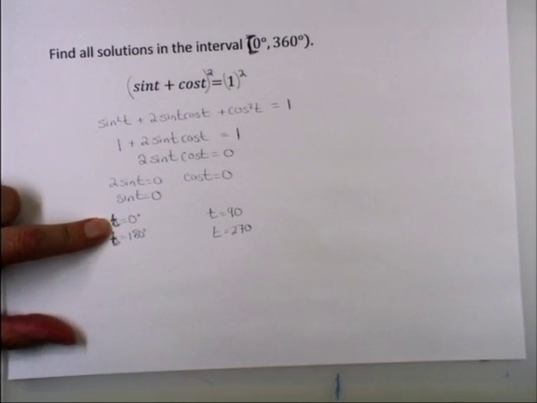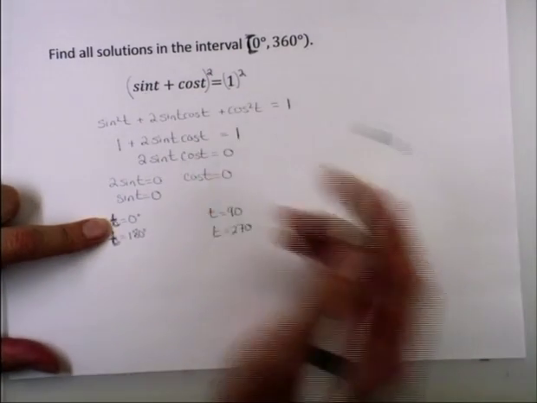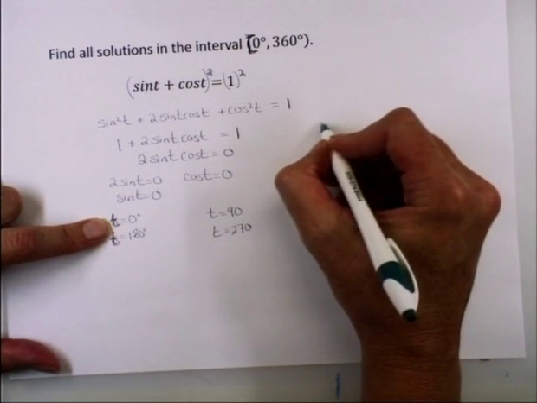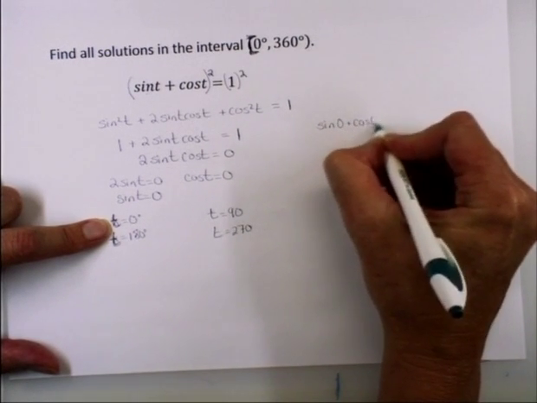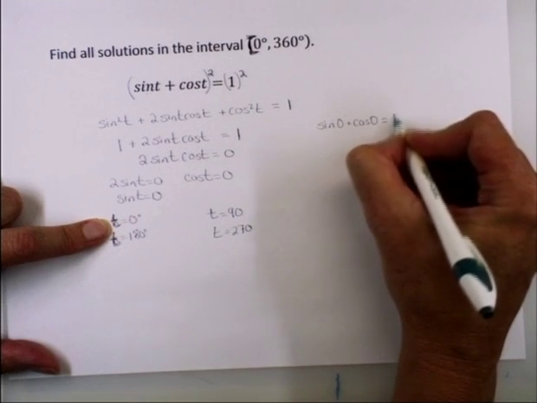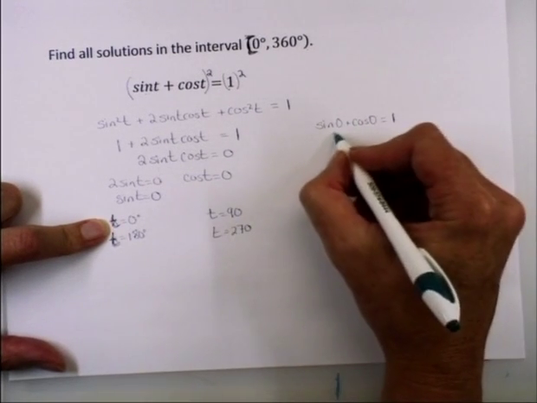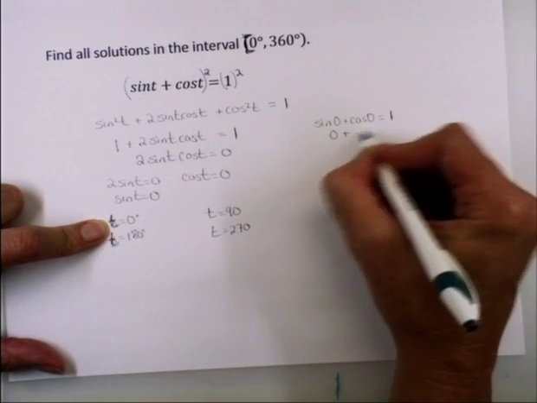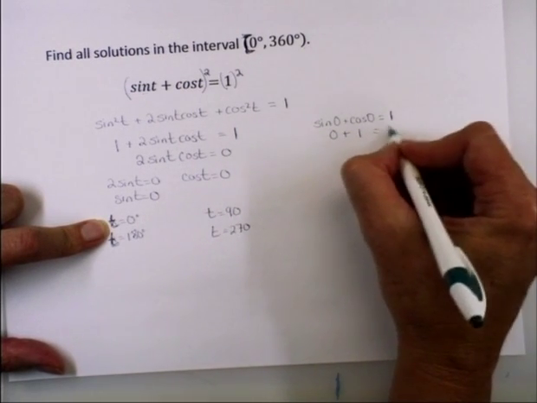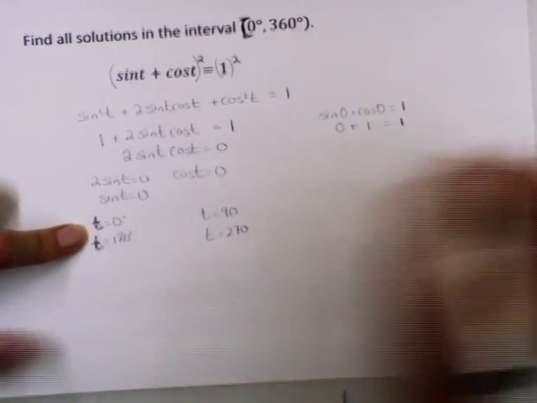So to verify that something's a solution, I need to plug it into my original equation. So I need to look at the sine of 0 plus the cosine of 0 and see, does that equal 1? Well, I know the sine of 0 degrees is 0 and the cosine of 0 degrees is 1. So does that one work?